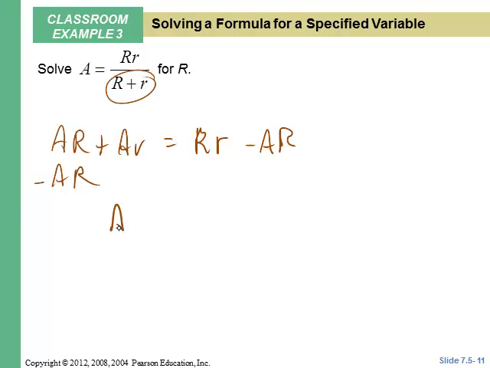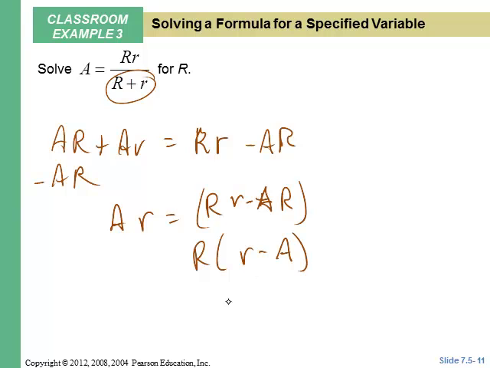We get Ar equals Rr minus AR. Factor out the R. We have R minus A. So R equals Ar over r minus A.